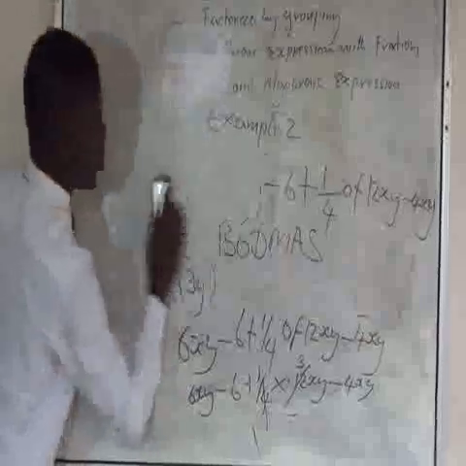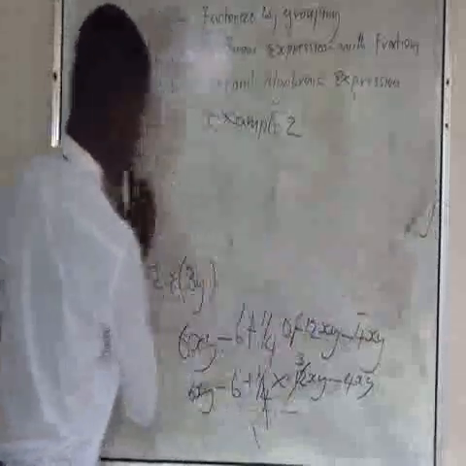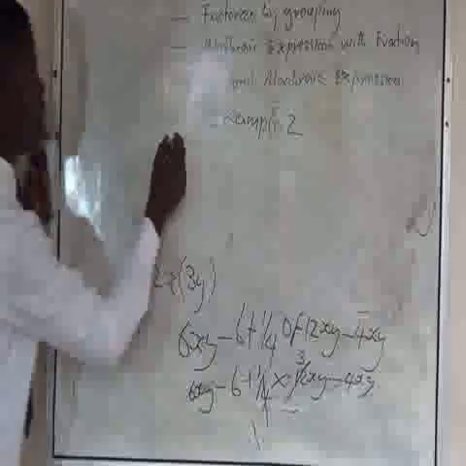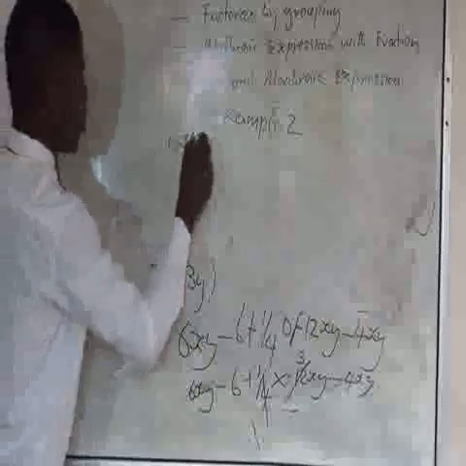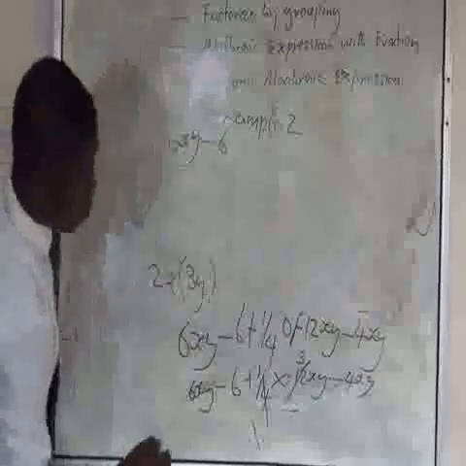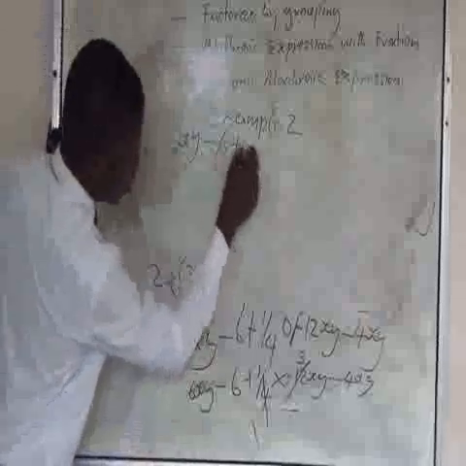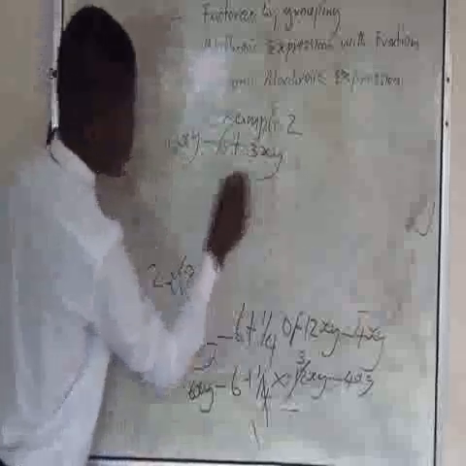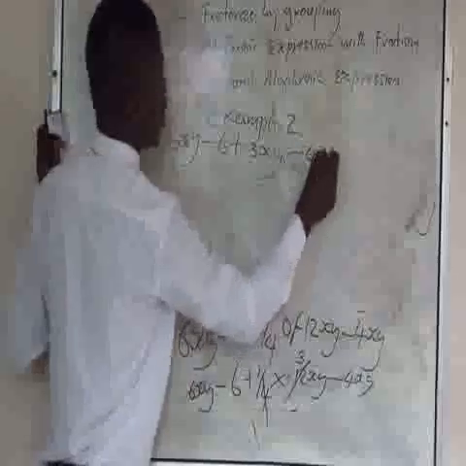Good. So I have 6xy divided by 6 plus 3xy minus 4xy.